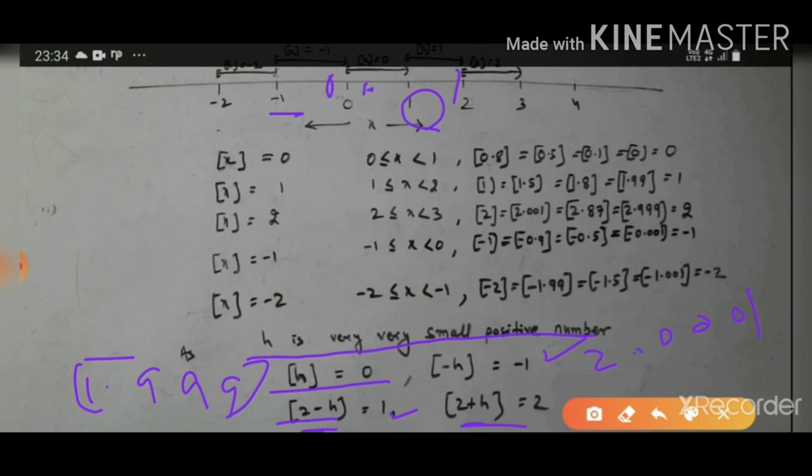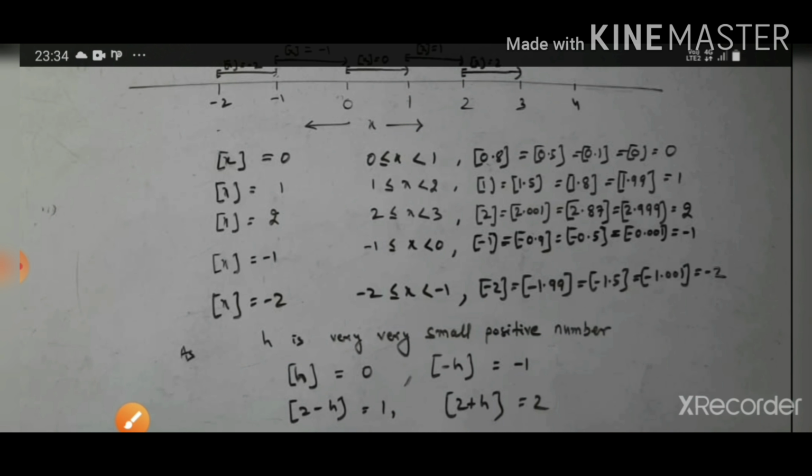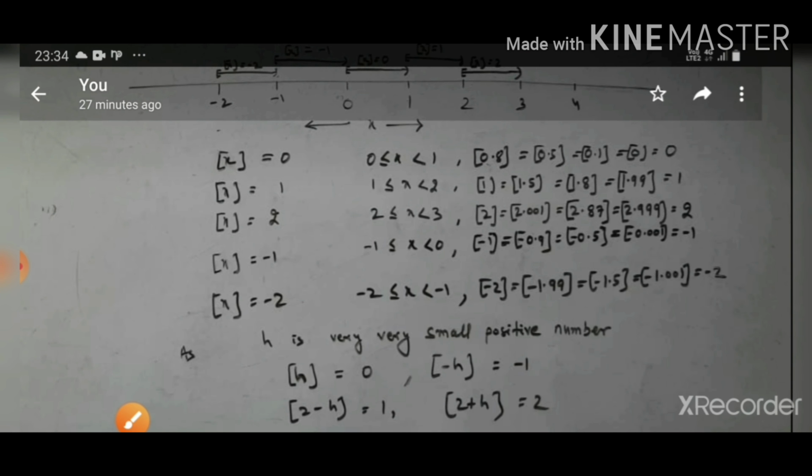So that number lies on this side. What will the greatest integer be? 2. Be careful. You see, the greatest integer of h is 0, of minus h is minus 1, of 2 minus h is 1, and of 2 plus h is 2.